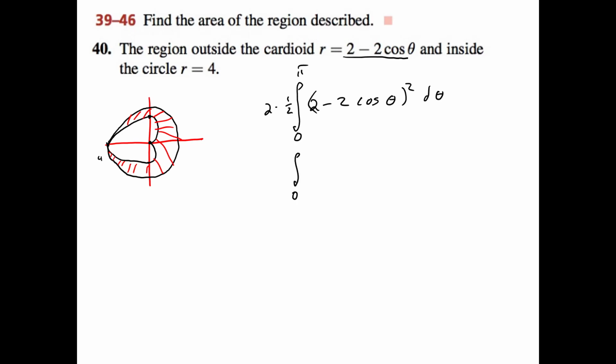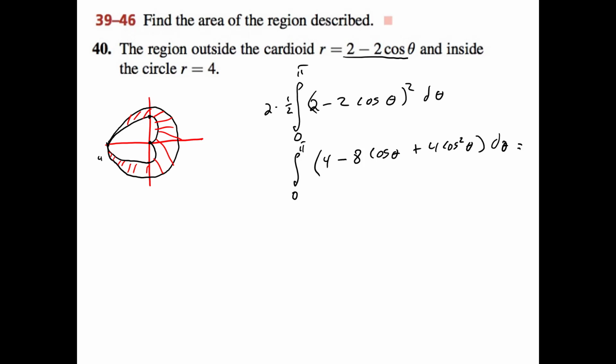And you just have the integral from 0 to pi of, to square this, we get 4 minus 2 times 2 is 4, times 2 is 8 cosine theta, plus the square of the 2 cosine theta, which is 4 cosine squared theta, d theta.